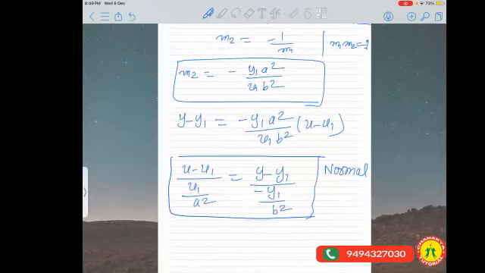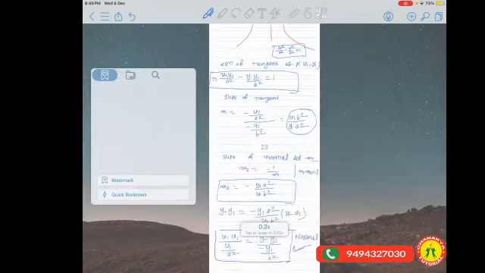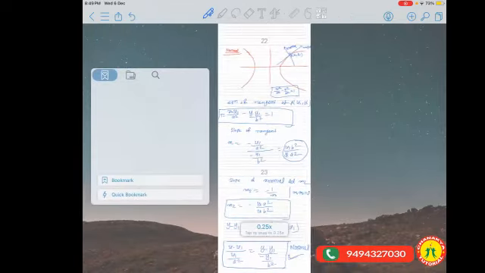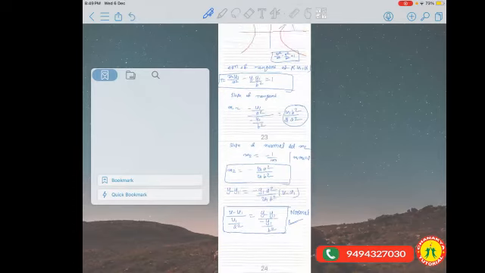We need to remember this formula, the equation of normal. Is it clear? Everything is clear.